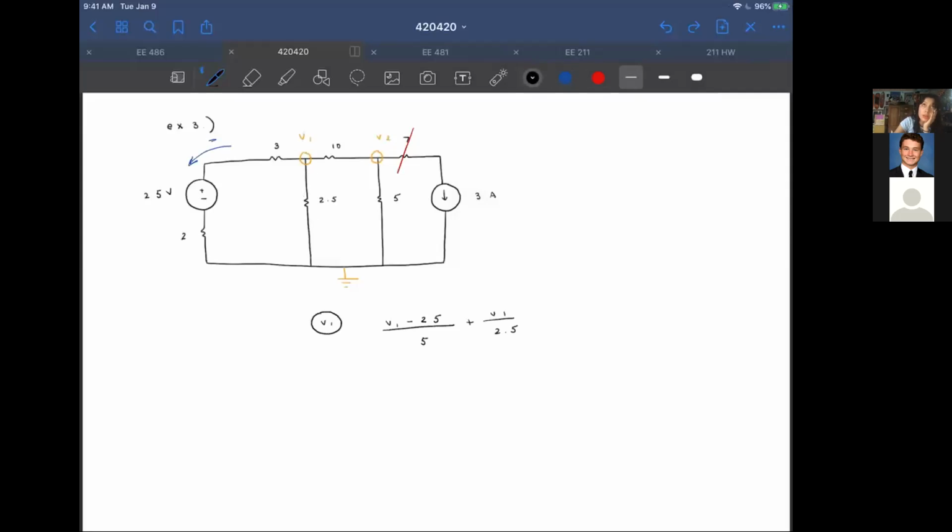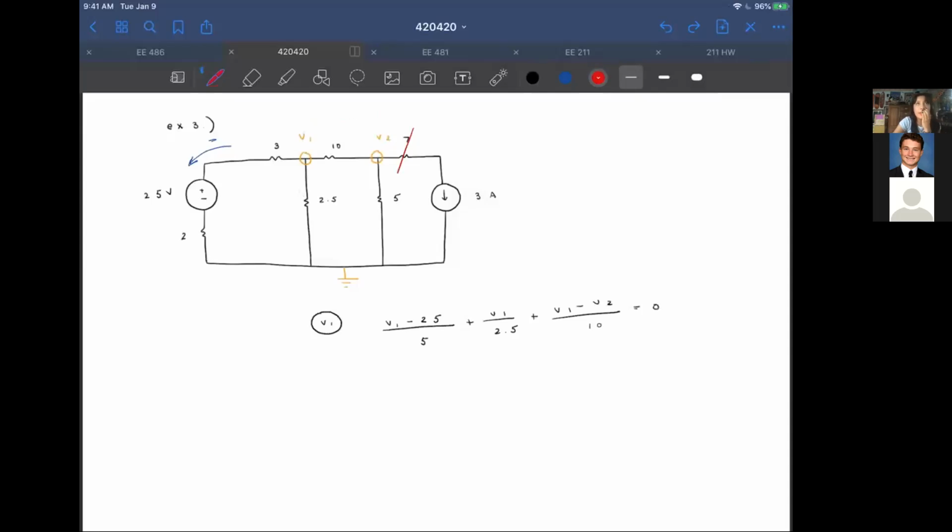And then plus V1 minus V2 over 10, all equal to 0. V1 minus V2 describes the relationship between here and here, and 10 is the resistance that goes in the denominator. And so you want to equate this.